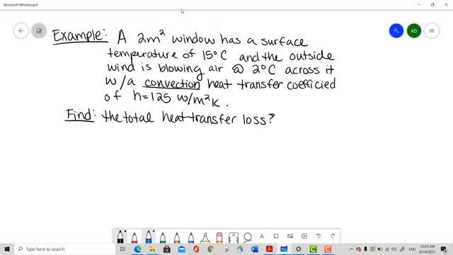Okay, and so we know that from loss, right? So we're losing, so it's negative heat transfer. We know that from there, Q is going to be less than 0, right? So we can derive that. So let's work on our solution.